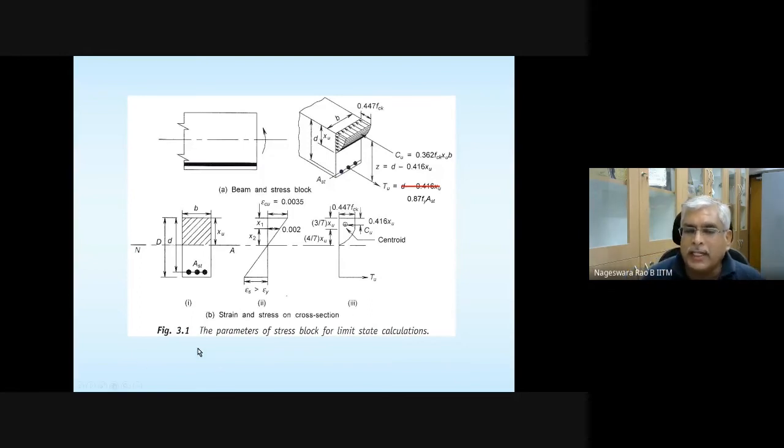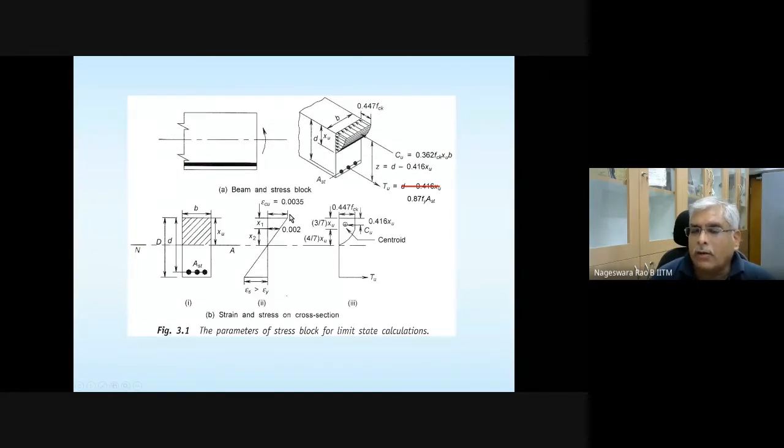So strain here is 0.87 Fy divided by Es plus 0.002, and strain here is 0.0035. Please note that strain in steel is going to be same as strain in concrete, because otherwise compatibility will not be there. So strain distribution diagram is going to be the same whether with respect to concrete or steel.